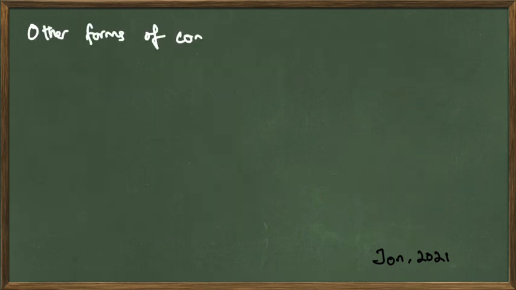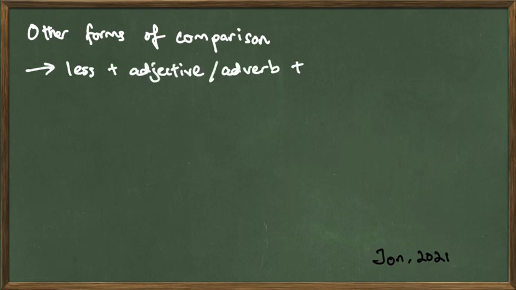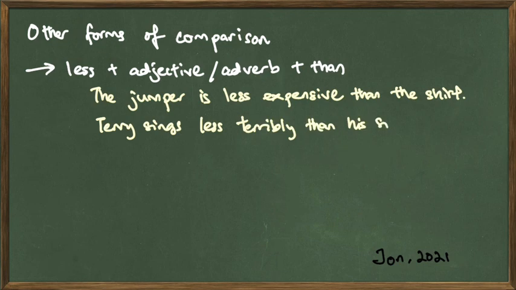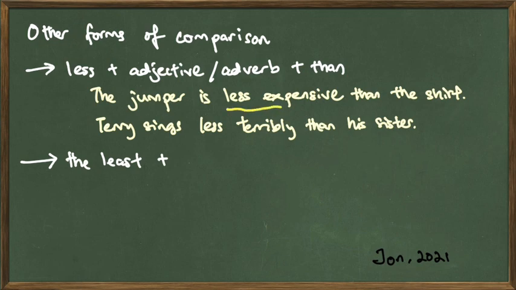Next we are going to look at the other forms of comparison. Less followed by the adjective or adverb followed by the word than. The jumper is less expensive than the shirt. I'm reading here: the jumper is less expensive than the shirt. Jumper tu macam baju sejuk. Another example is Terry sings less terribly than his sister.